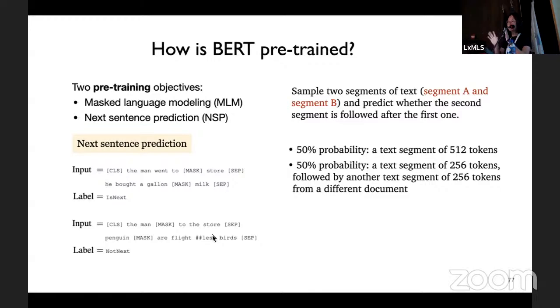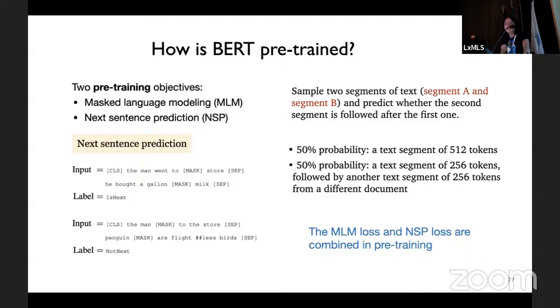Their hypothesis is that if they add another pre-training objective, it can help us understand the relationship between different sentences. Finally, the masked language model loss and the next sentence prediction loss are combined together during the pre-training process.